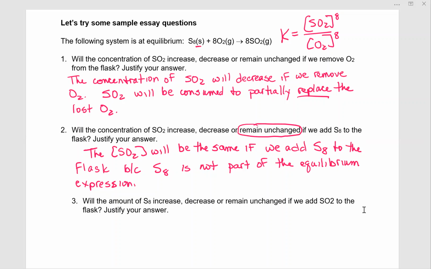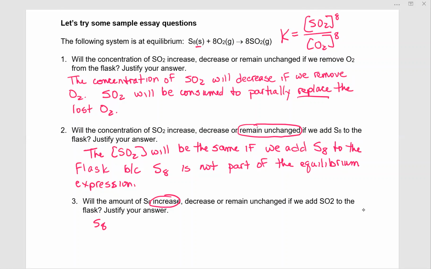Justify your answer. You might look at this one and go, well, S8 is not part of the equilibrium expression, but if we add more SO2 to the flask, what's actually going to happen is we will produce more of the S8 solid. So we can affect the amount of S8 solid, but the amount of solid does not affect the gaseous products. So the amount of S8 will increase if we add SO2 to the flask.